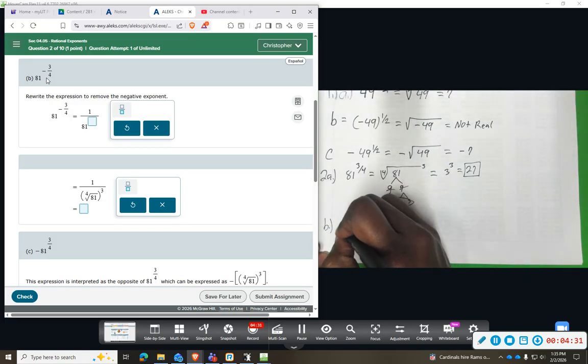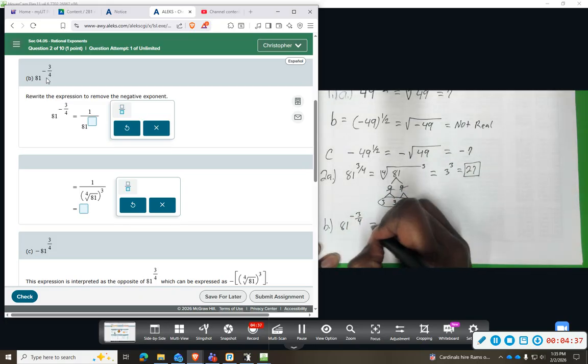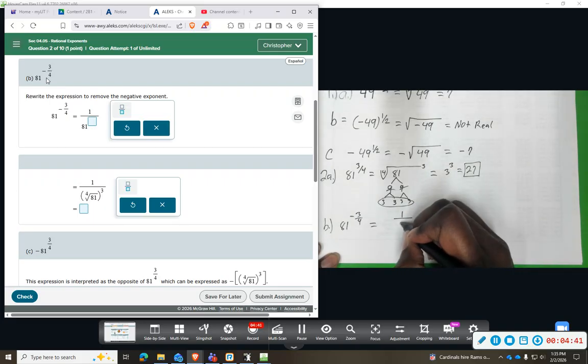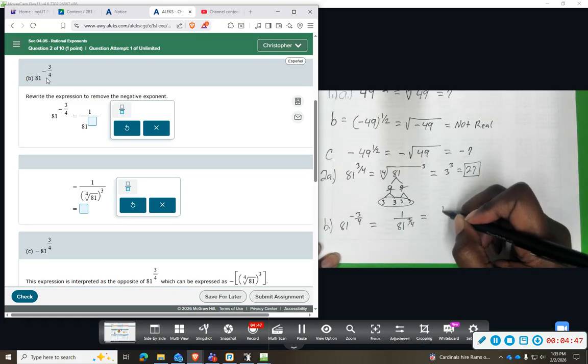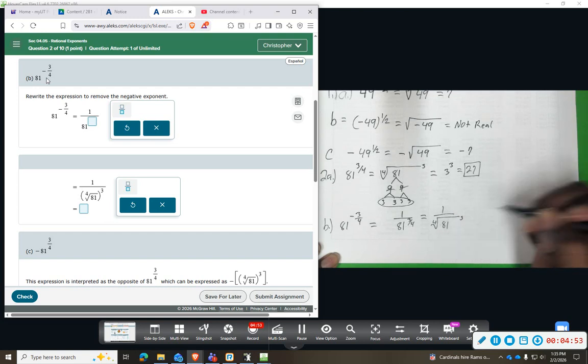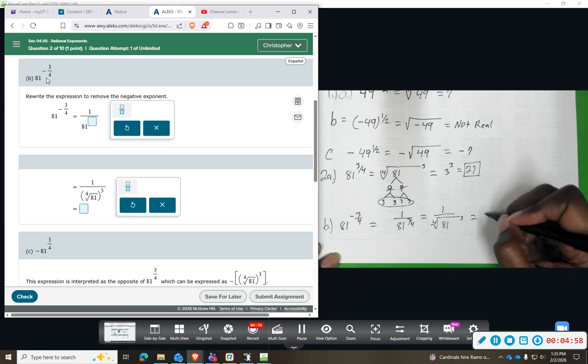So we're looking at 81 and then negative 3/4 power. I would rewrite this as 1 over 81 to the 3/4 power, and then same thing, 1 over the 4th root of 81 to the 3rd power, and then from there it's 3 cubed, and we get 27.